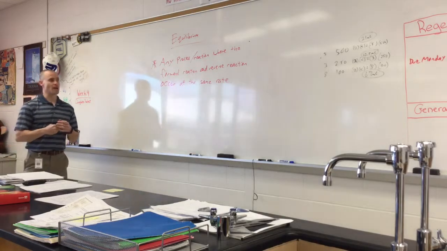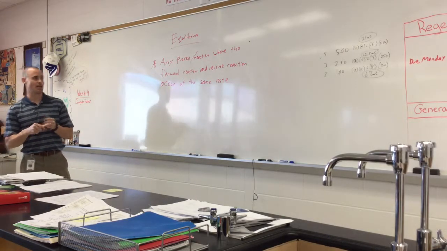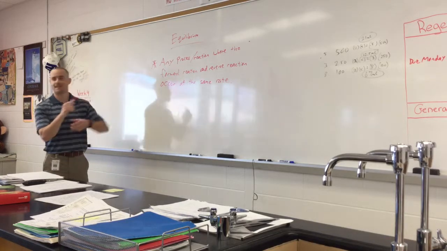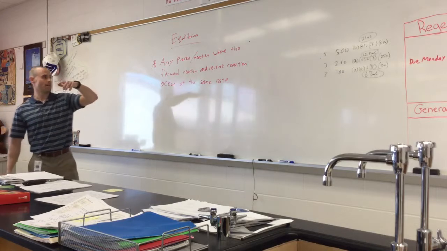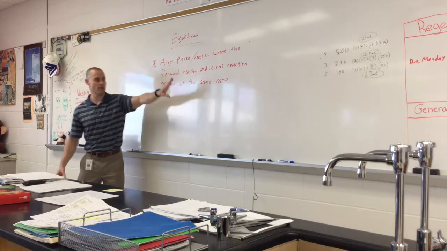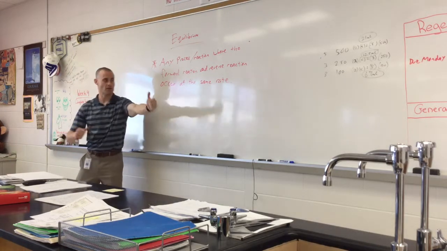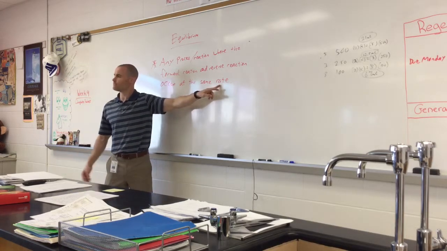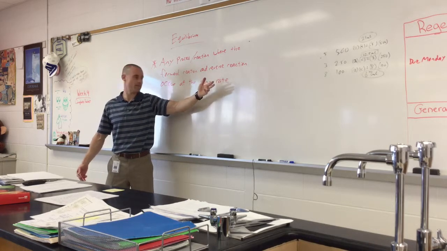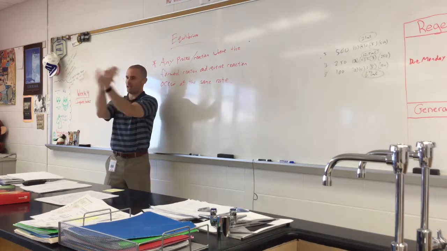Any process or reaction where the forward reaction and reverse reaction occur at the same rate. And I say any because that's physical or chemical. So anytime you're forward, that means going to the right, and then reverse, going to the left, occur at the exact same rate. What does rate really mean? Speed. How fast it works, right? So in other words, they're working at the same speed.